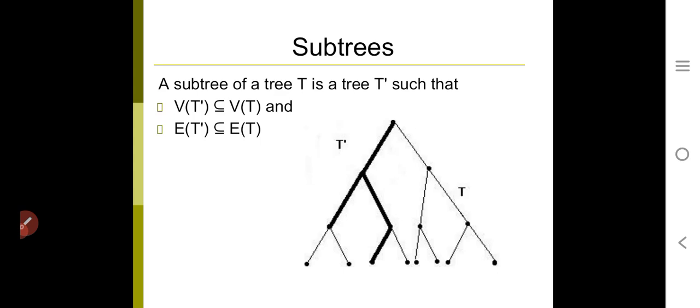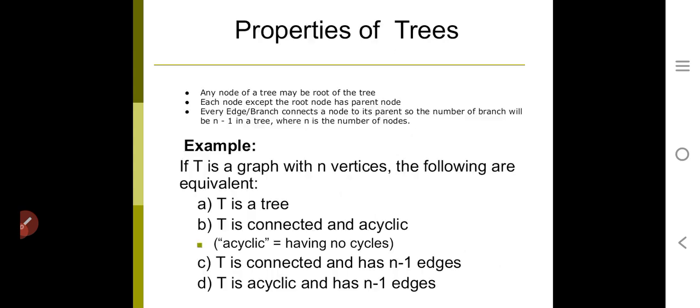For example, in the diagram, we take the dark portion as graph T dash, and the whole graph is named capital T. The vertices in T dash are also contained in the vertices of T. Likewise, the edges in T dash are also contained in T. So this is the example for a subtree.